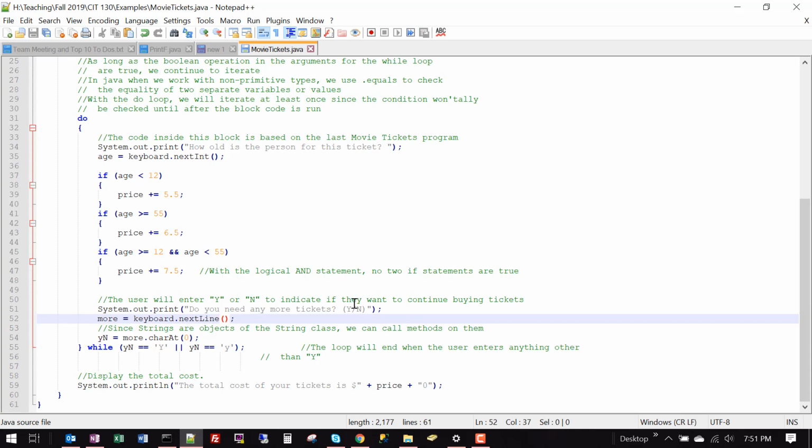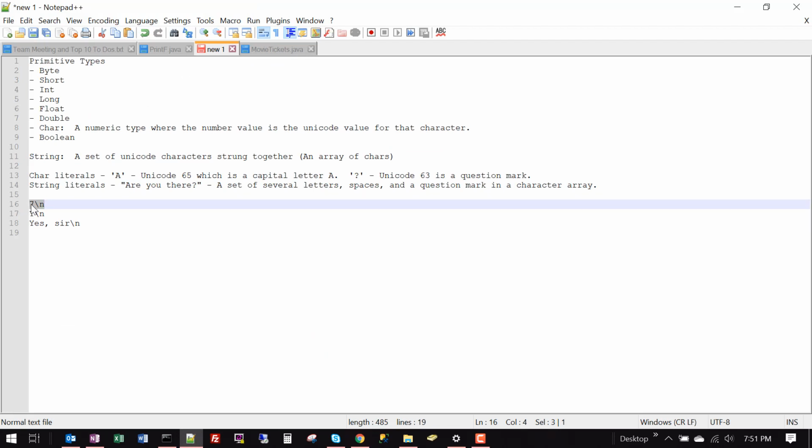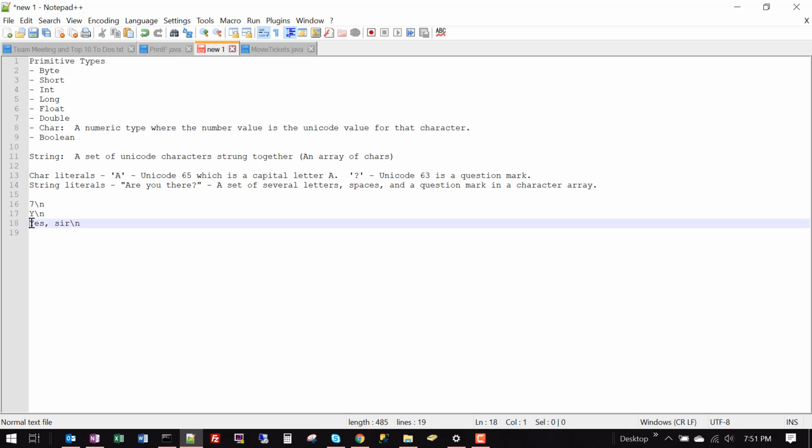Then it printed out this here, but the way next line works is it advances to the end of the current line, including the enter key, and returns that. The problem there is that what we're returning now is just the \n. So we're in kind of a conundrum. If I want the person to be able to enter something longer than a string that contains spaces, I have to use next line.